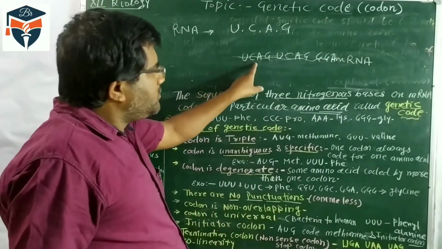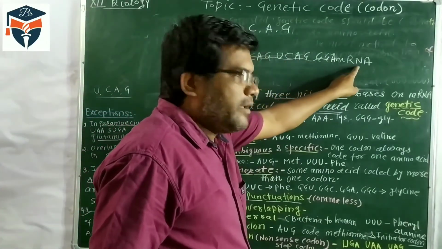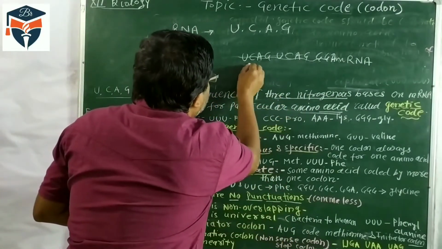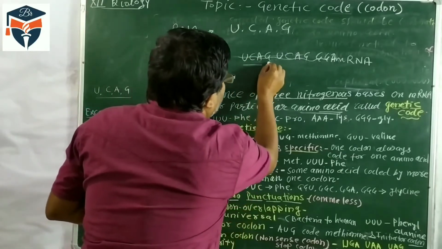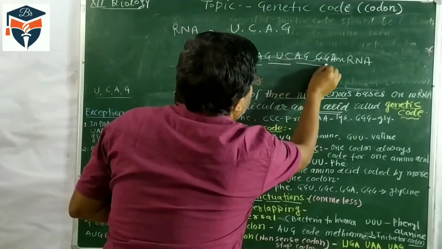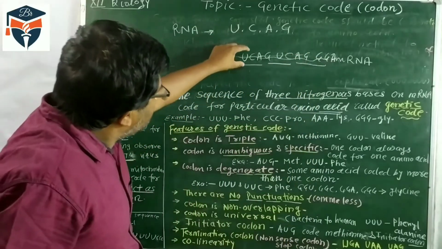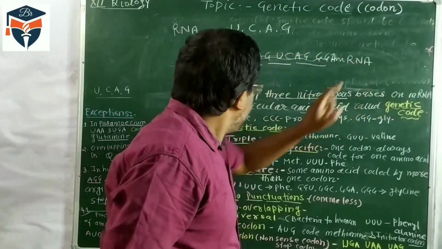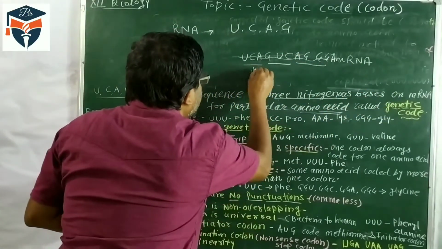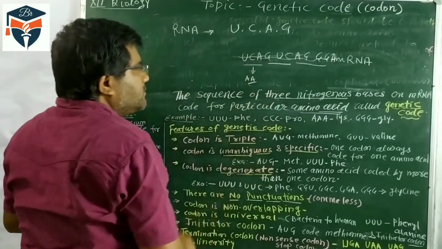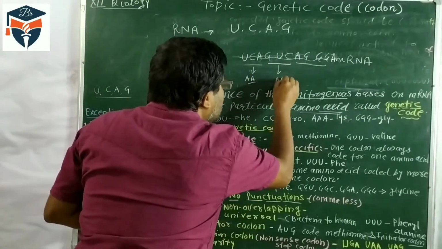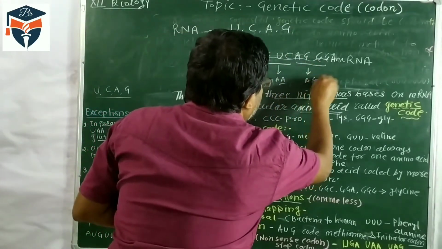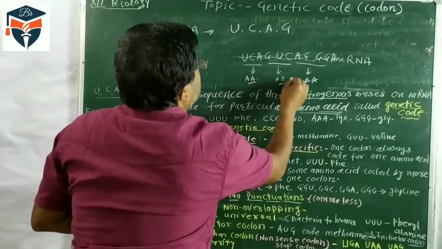So the sequence of 3 nitrogenous bases, 1, 2, 3, 1, 2, 3, on mRNA synthesizes a specific amino acid. This also synthesizes another specific amino acid, and this also synthesizes another amino acid.